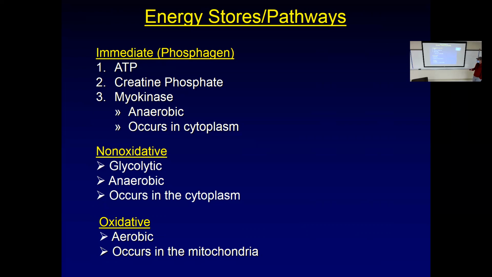And so to fully run, for some substrates, really for all substrates, things that are going to go through these pathways are going to start in the cytoplasm and then have to get moved into the mitochondria to be able to finish and actually make ATP. Okay? So just keep that in mind, because the way that we get it into the mitochondria is going to differ based upon if it's a carbohydrate or if it is going to be a lipid. Okay?